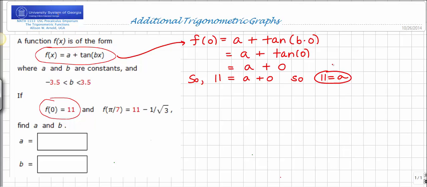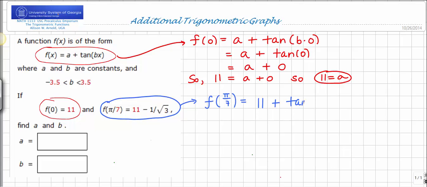Okay. All right. Secondly, we know that we have a value for f of pi over 7. So let's do the same sort of thing. Let's let x be pi over 7. And we have the value a, which is 11, plus tangent of the angle b times pi over 7. Okay, we know that this value f of pi over 7 we're given is 11 minus 1 over root 3.